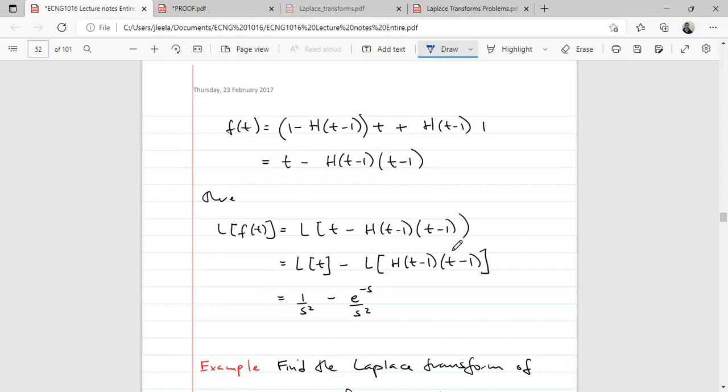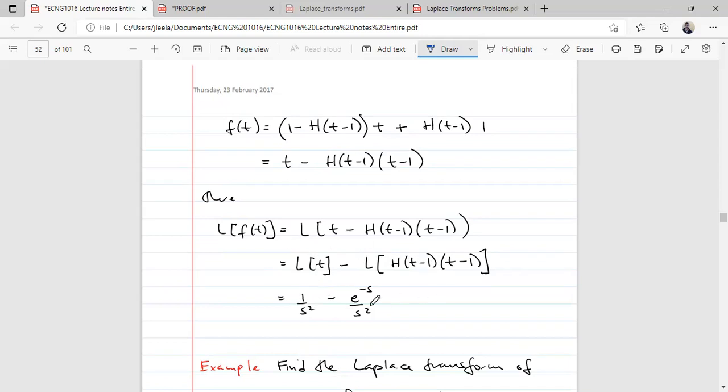This is your Heaviside, and this is your y(t - 1). And the Laplace of t is 1 over s squared. We know that. Remember, the Laplace of t to the power n is n factorial over s to the n plus 1. So your n factorial is 1, and 1 plus 1 is 2. So you get 1 over s squared.